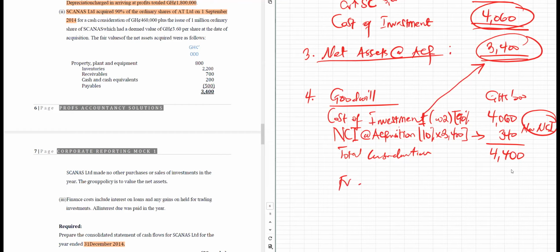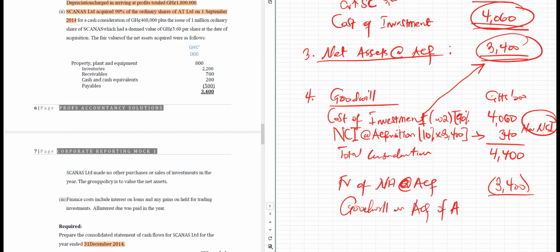Then we less the fair value of our net asset at acquisition, net 3,400. It means goodwill on acquisition is 1,000.